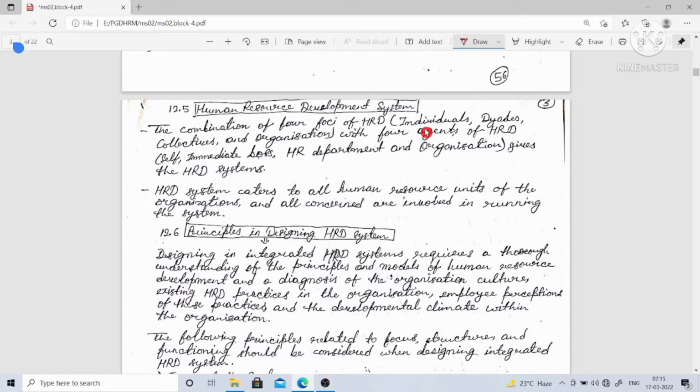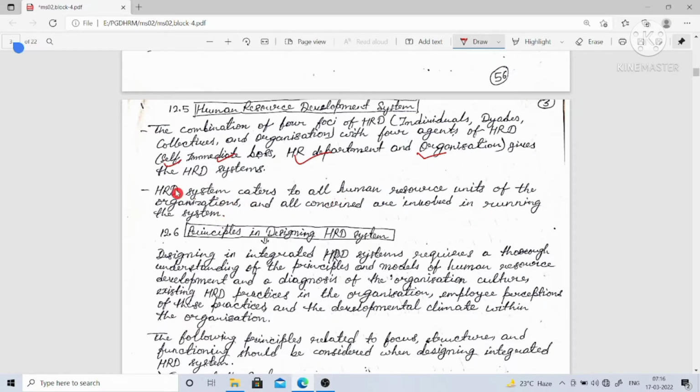So first here given self, immediate boss, HR department and organization. So these 4 agents are going to be combined to give human resource development system. Human resource development system caters to all human resource units of the organization, and all concerned are involved in running the system.